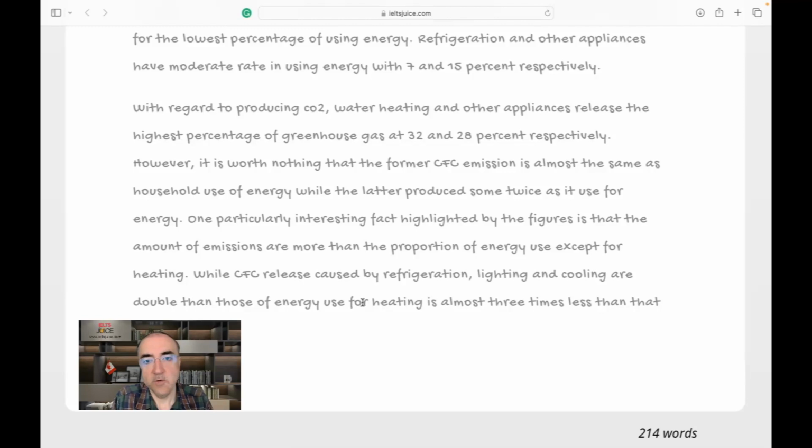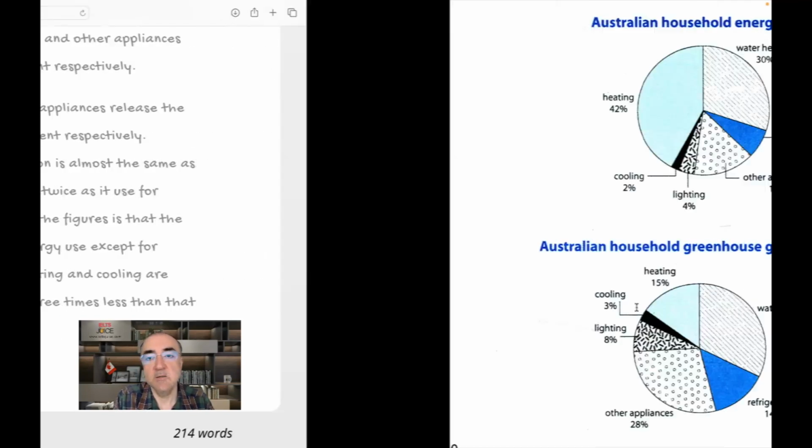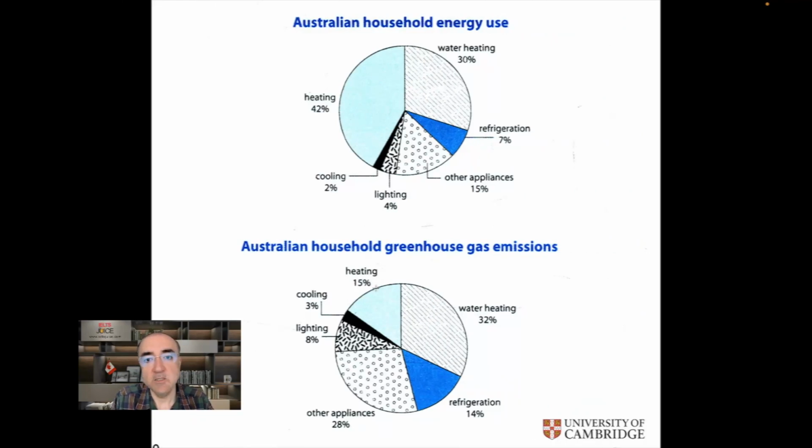The sentence ends here. Oh, I see. So while CFC release caused by refrigeration, lighting, and cooling are double that of energy use, comma, for heating, comma, we have a missing subject. It is almost 3 times less than that. So for heating, it is almost 3 times less. Yeah, almost 3 times less.